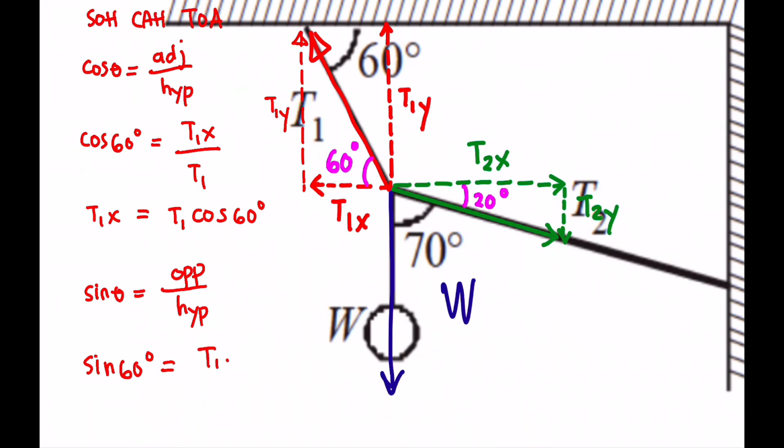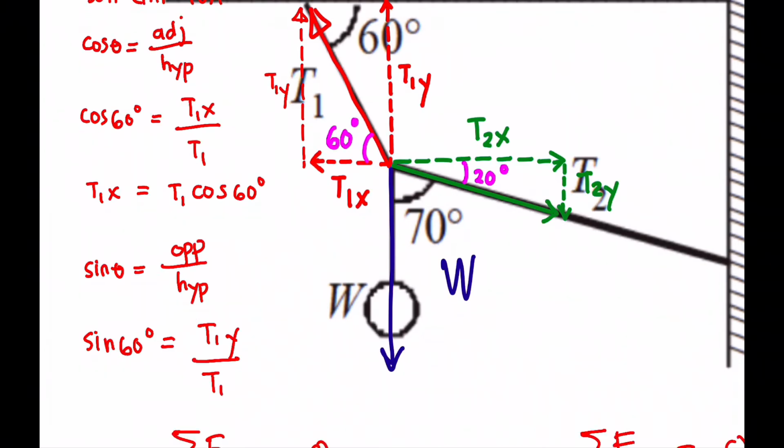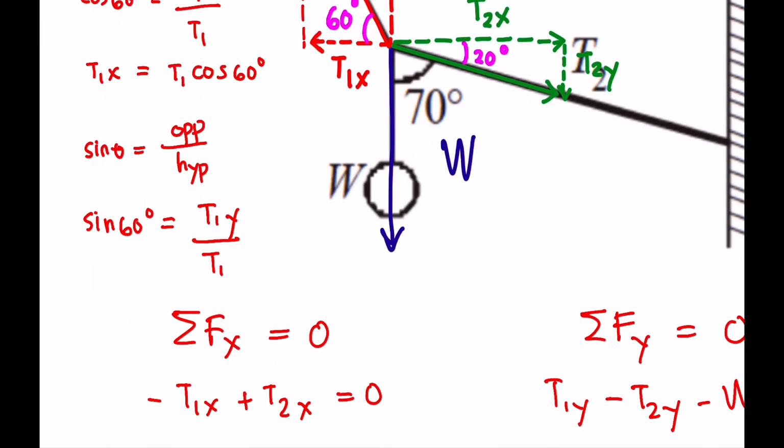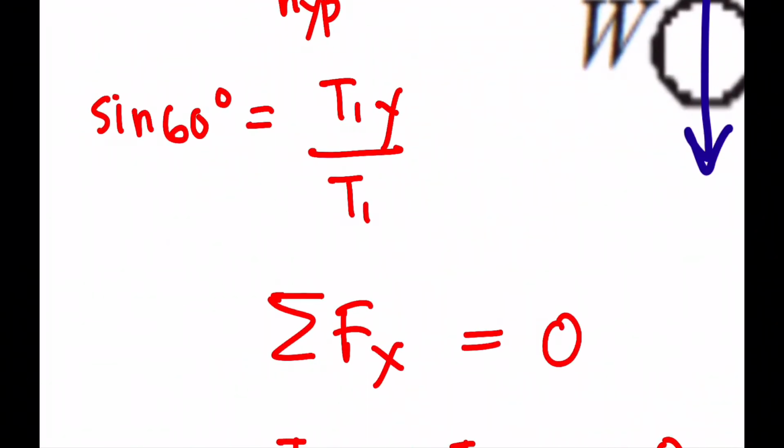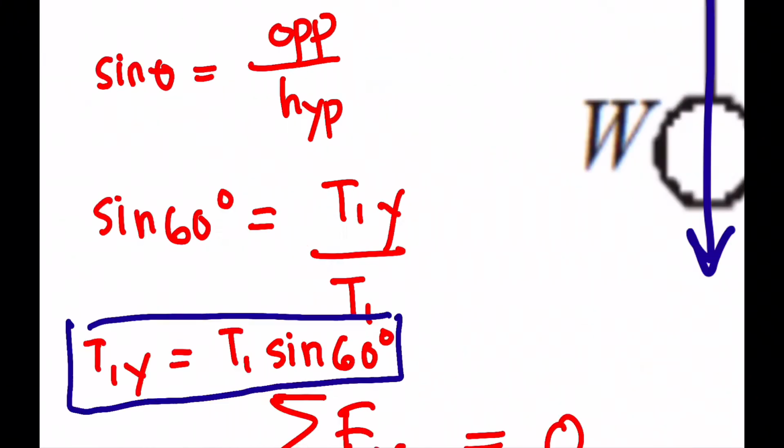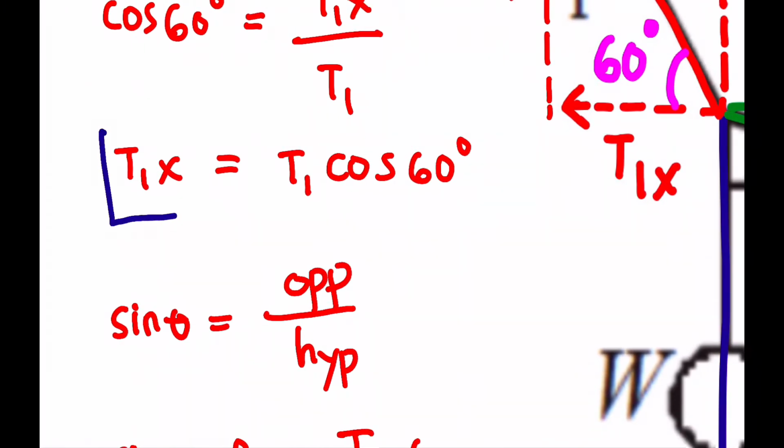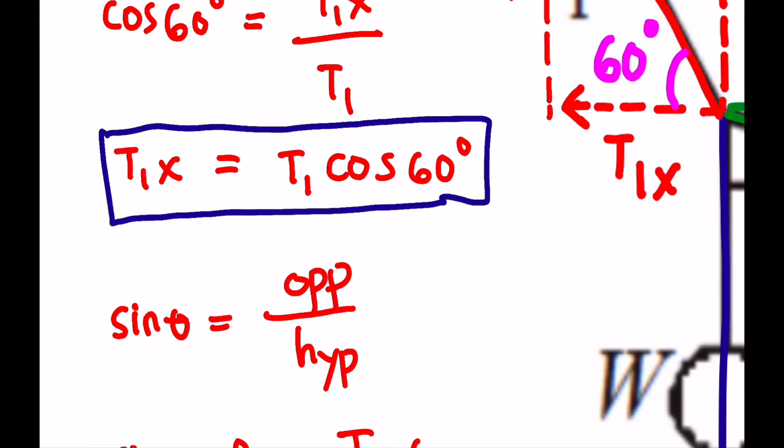So we will have T1y divided by the hypotenuse, which is our T1. Then we could say that our T1y is just equal to T1 sine of 60 degrees. Whereas our T1x is T1 cosine of 60 degrees.